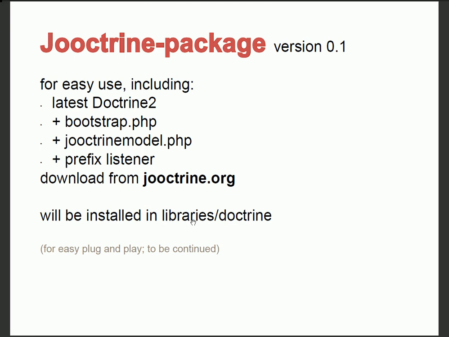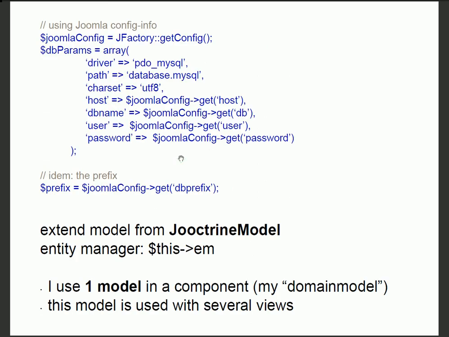You get a model, Jooctrine model I've called it, and in that model you extend your model from Jooctrine model, and you have the entity manager. I only use one model in my component, my domain model, and I put all the entities in it and all the relations between them. And then I have several views to use that one model. And I think that's a very nice way to use MVC.